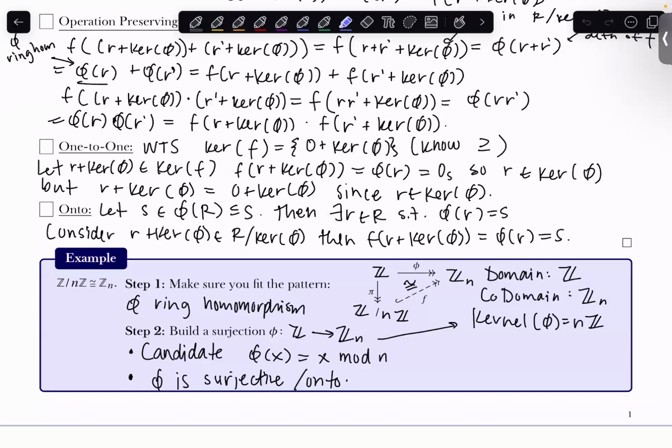It's not going to be enough to just be a ring homomorphism. I want it to be isomorphic to this whole thing, so it has to give me back the whole thing from my image. So we'll make the domain the top part of our quotient, and we'll make the codomain what we want it to be isomorphic to. We want this to be a surjective ring homomorphism.